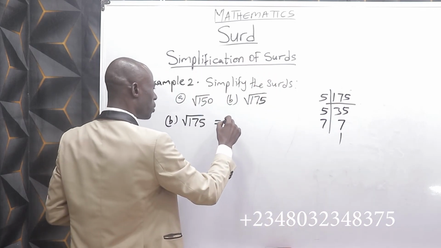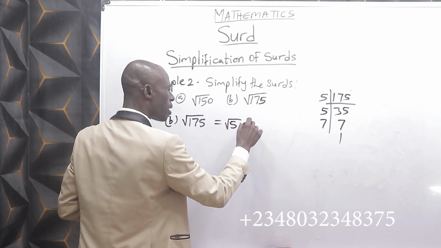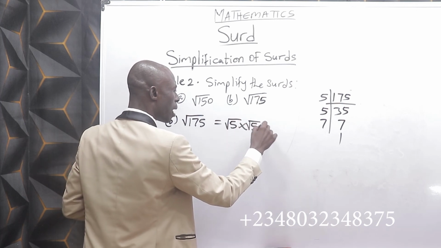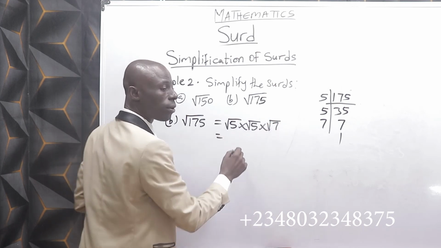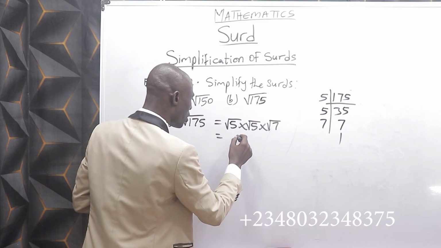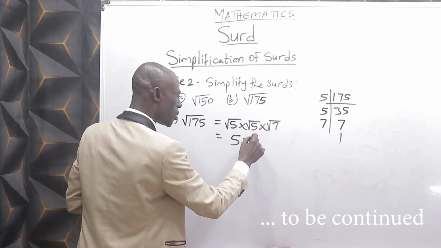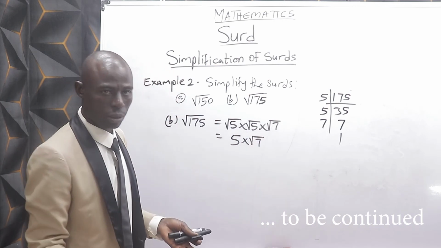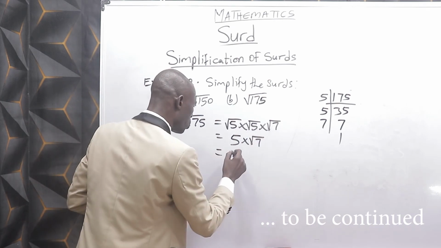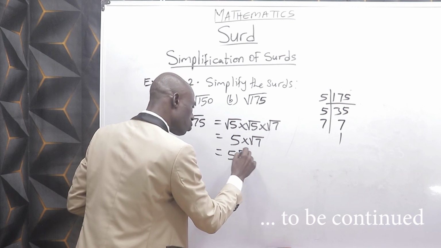So this could be written as square root of 5 times square root of 5 times square root of 7, which is 5, as I've told you, times square root of 7. Square root of 7 is a non-simplifiable surd. So you leave it as it is. The product is 5 root 7.